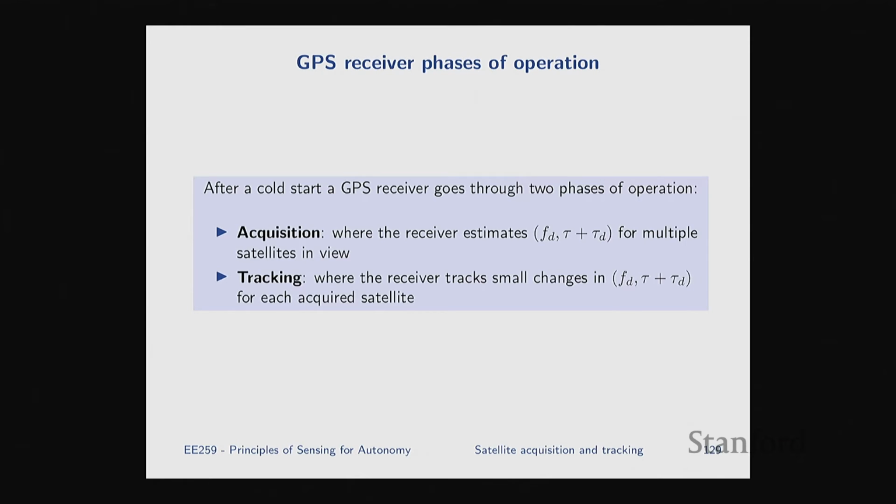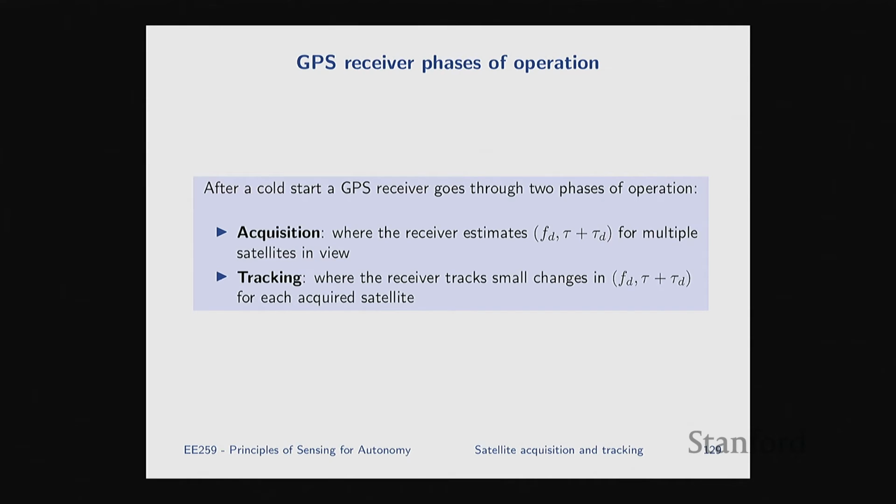And after you find that first estimate for every satellite of fd and tau plus tau d, then you can go to a tracking phase. The first estimate is a little trickier to find, but afterwards, because you're operating on very small time scales, you can just track. These things are going to vary slowly.